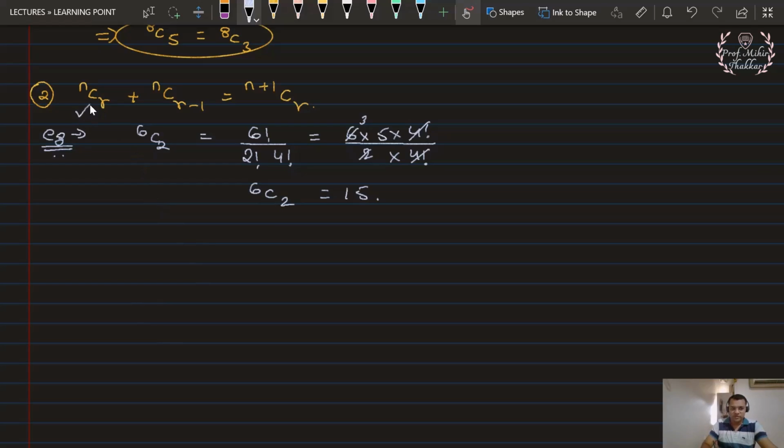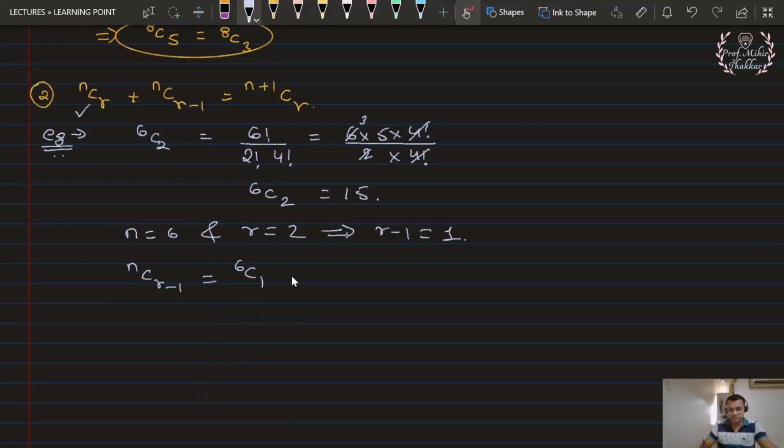Now I have calculated over here the value of nCr. Suppose if I want to find the value of nCr minus 1, I have n is equal to 6 and r is equal to 2. This implies r minus 1 is going to be equal to 1. So as per this term, I have to find the value of 6C1.